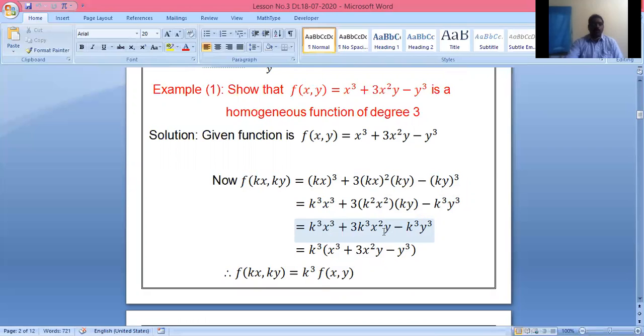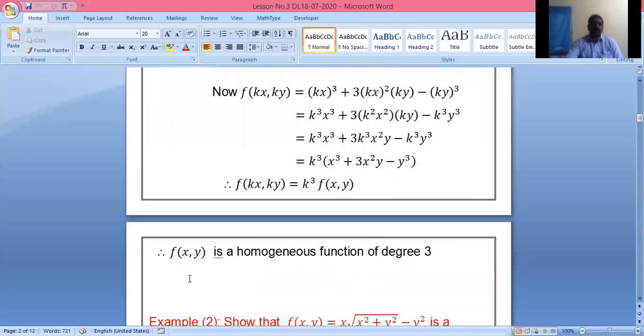By taking k cube common, we get k cube into x cube plus 3x square y minus y cube. That is, f of kx comma ky is equal to k cube into f of x comma y. Therefore, f of x comma y is a homogeneous function of degree 3.